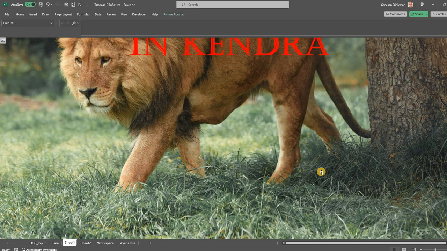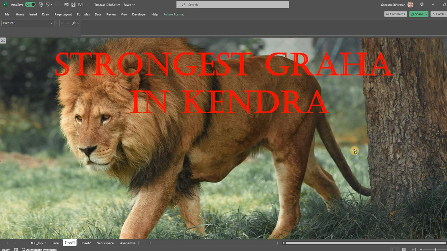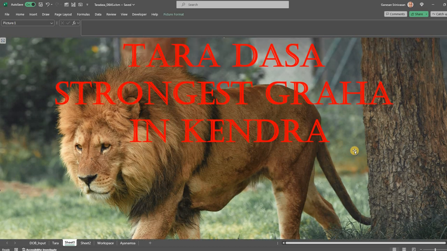Of course, benefics in Kendras are extremely good. Malefics in Kendras slightly weaken the horoscope in terms of health or some things, but still malefics become very strong when placed in Kendras.